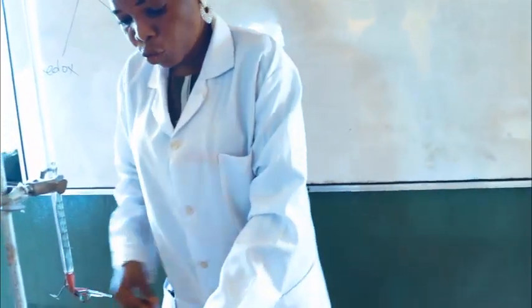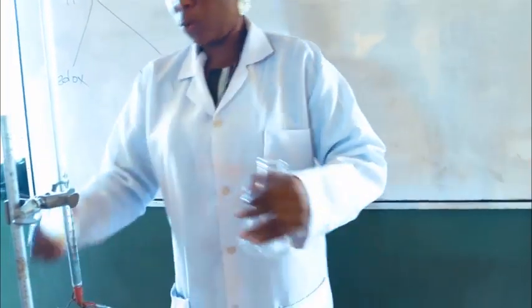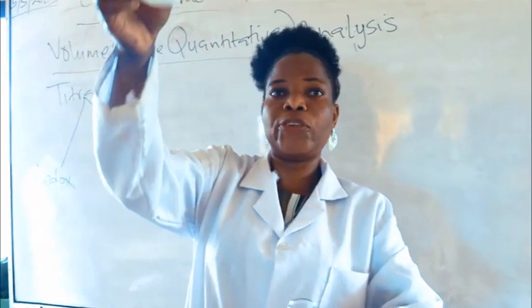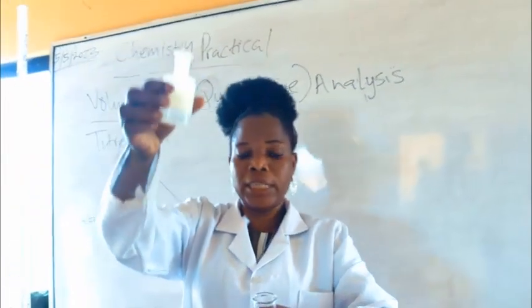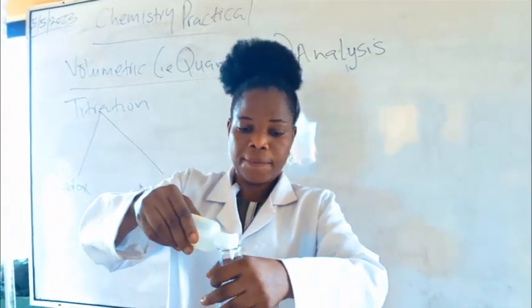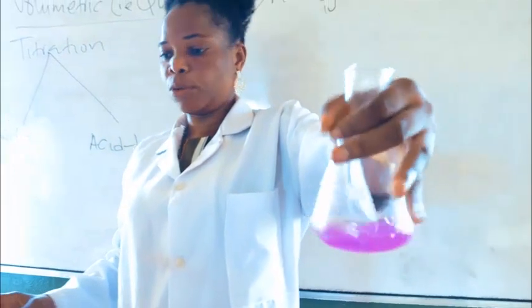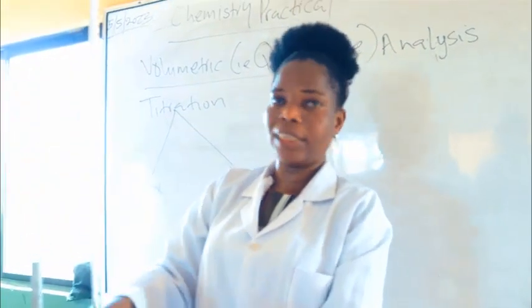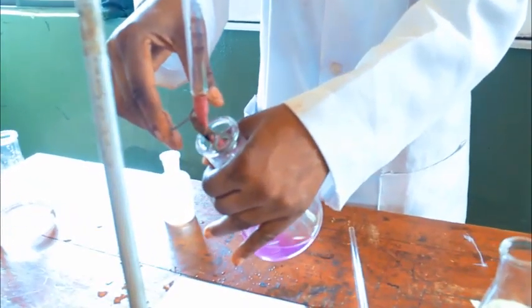The next step is to add my indicator. This is phenolphthalein. I'm using phenolphthalein as an indicator here. You add two or a maximum of three drops. So I'm going to titrate the acid against the base.